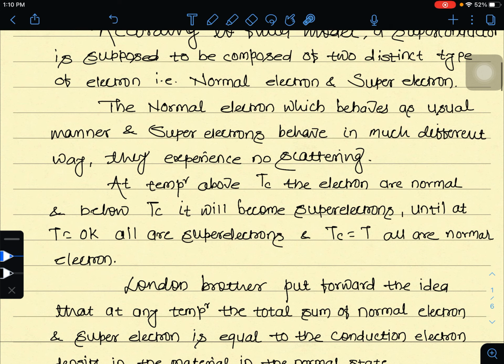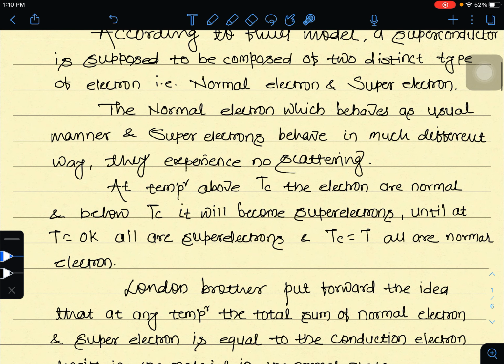That means they experience no scattering, and this phenomenon holds down to a temperature of 0 Kelvin. But whenever we move above the critical temperature, the electrons turn back into normal electrons.